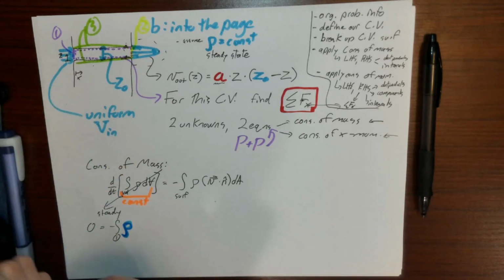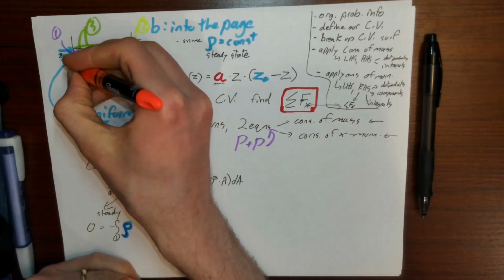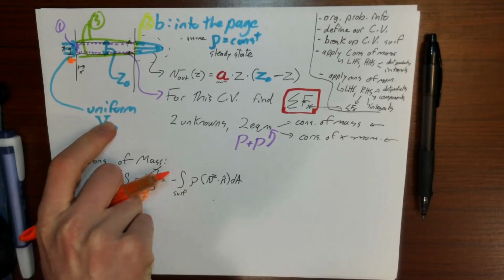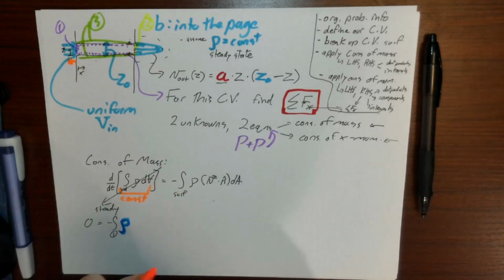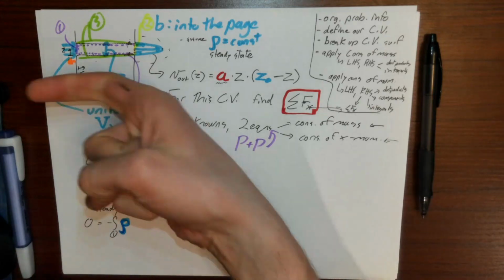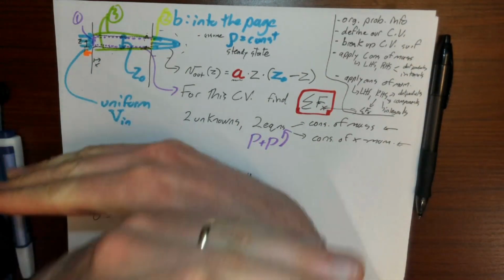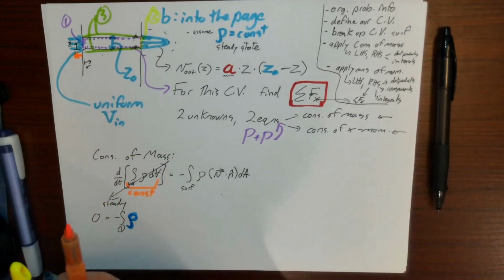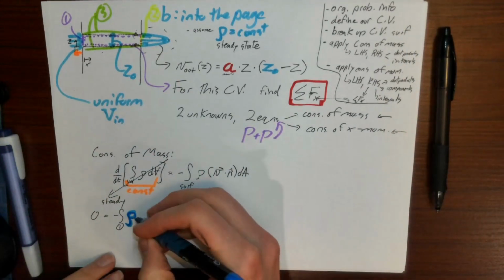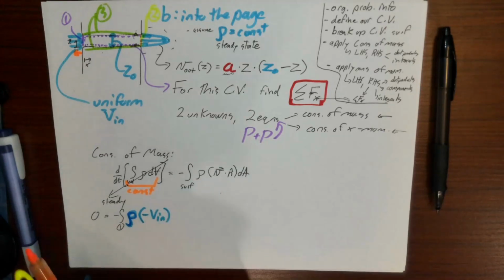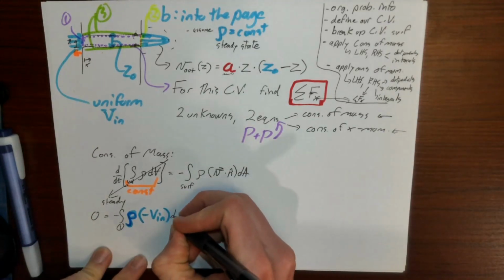Well, n is our outward pointing normal, so n is going to be pointing to the left on surface 1. Pointing to the right on surface 1 is this uniform v in. They're in opposite directions, so their dot product is going to be minus v in. And we still have our dA.